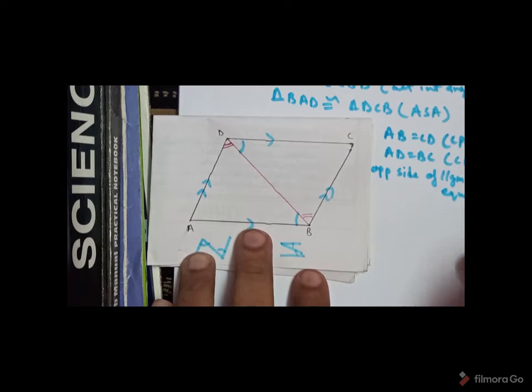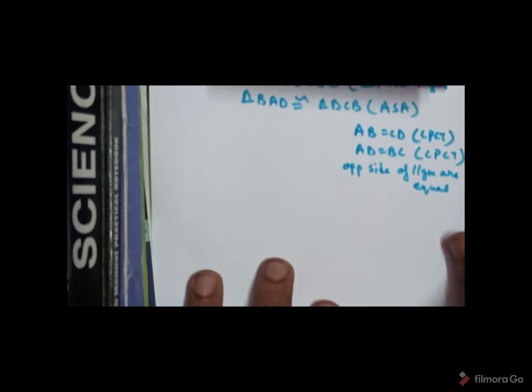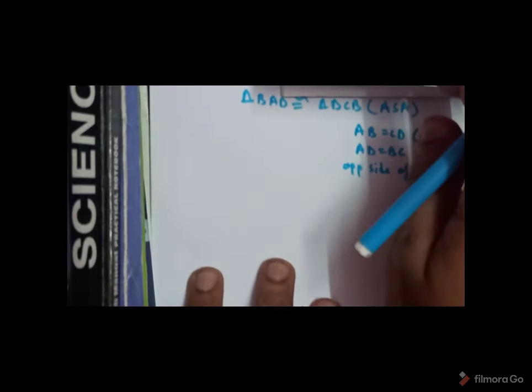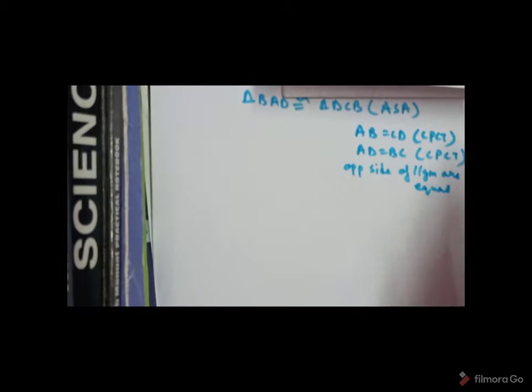So we have proved from this that the opposite sides of a parallelogram are equal. Similarly, we can also talk about the opposite angles.